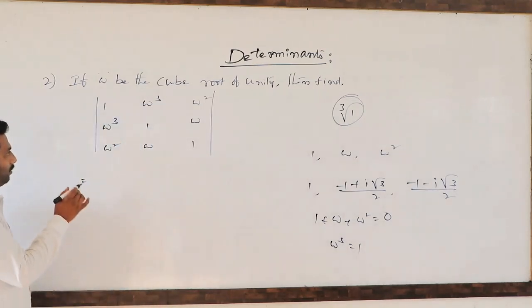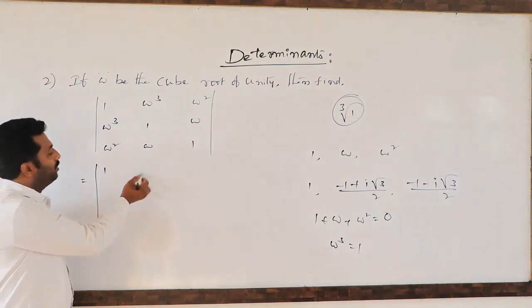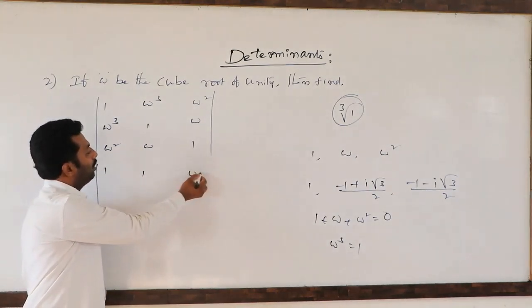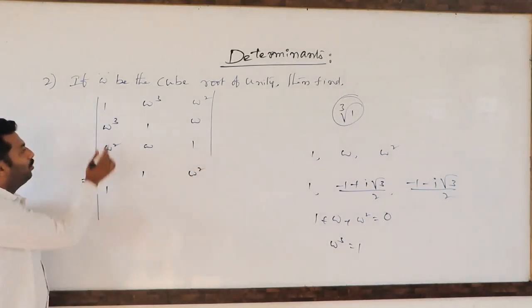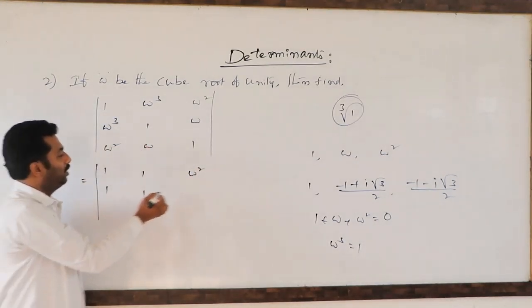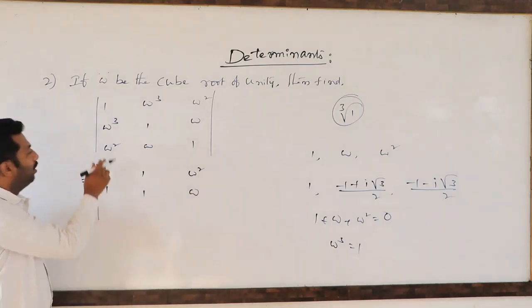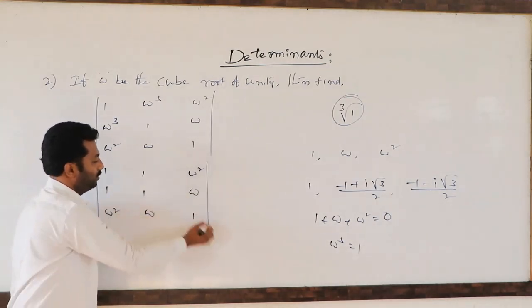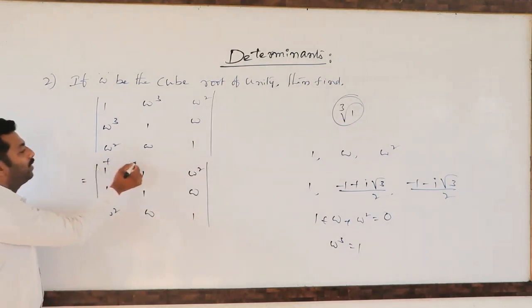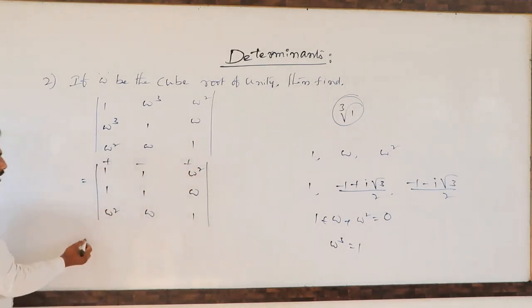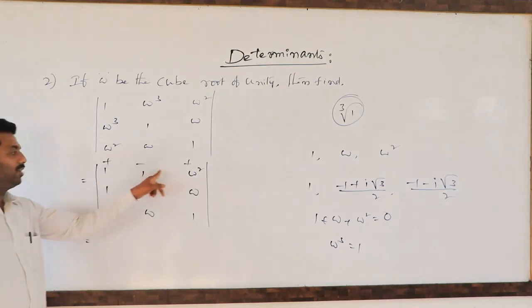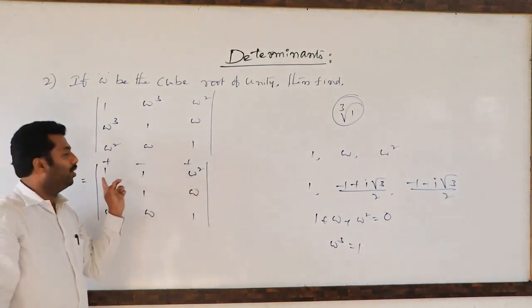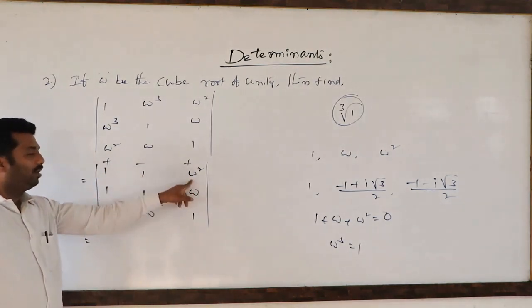Now you observe, this is the determinant of 1, omega cube which is 1, omega square, omega cube which is 1, 1, omega, omega square, then omega, 1. You can expand along the first row. If I am putting plus-minus symbols, you have to understand we are expanding along the first row.